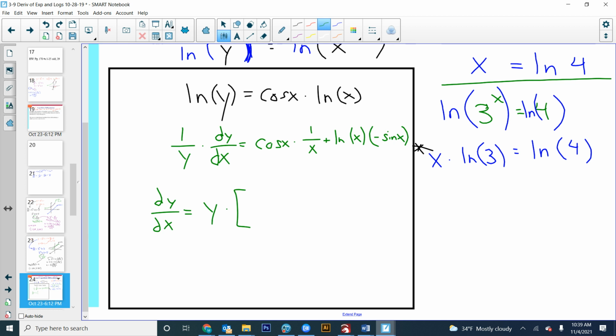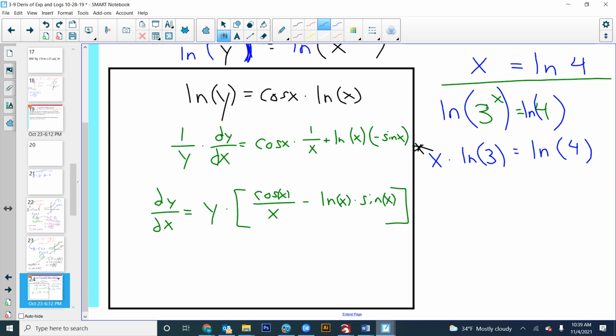We have, I'm going to rewrite this as a cosine of x over x minus an ln x times sine of x. Are you with me? Dom.